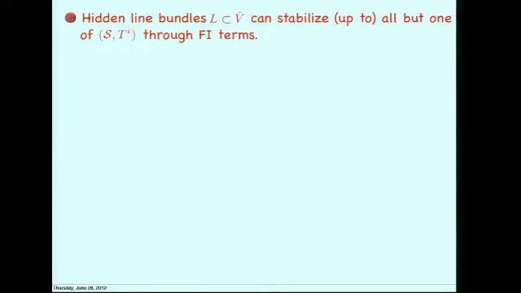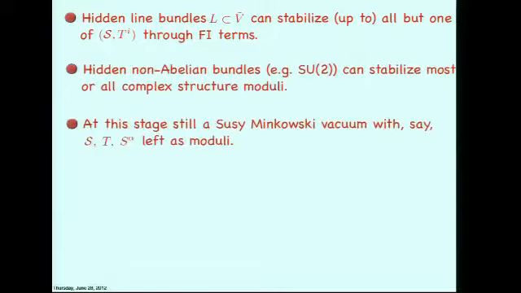So that might happen in the observable sector already, but we can also add some in the hidden sector to do that. So that can fix up to all but one of the dilaton and the Kähler moduli. Then Lara on Tuesday talked about how you can use small non-abelian bundles to fix the complex structure moduli, so we can do that as well. We can do all that in the hidden sector.